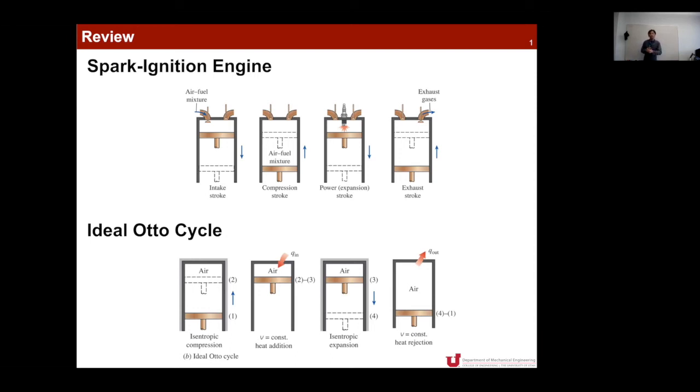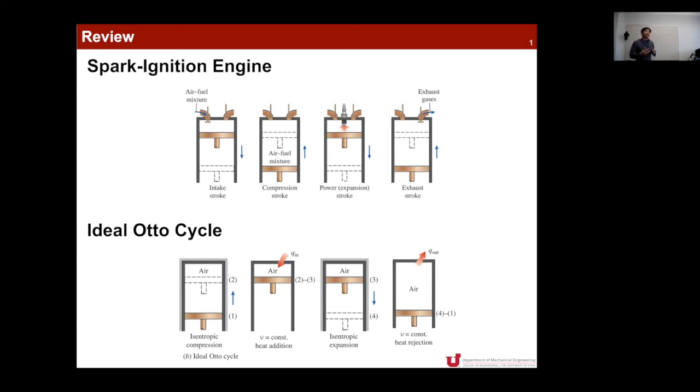In order to do so, Otto, the German engineer, invented the cycle, and it was called the Otto cycle. By implementing ideal assumptions into the cycle, we call it the ideal Otto cycle.